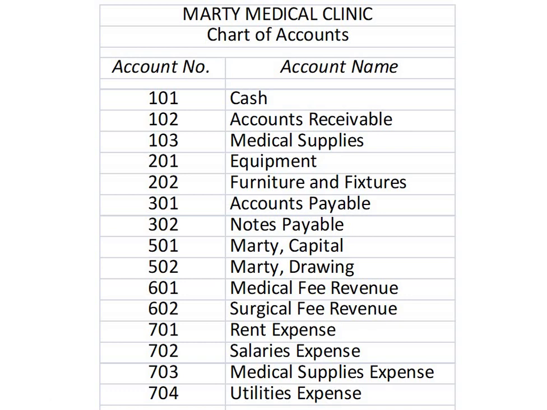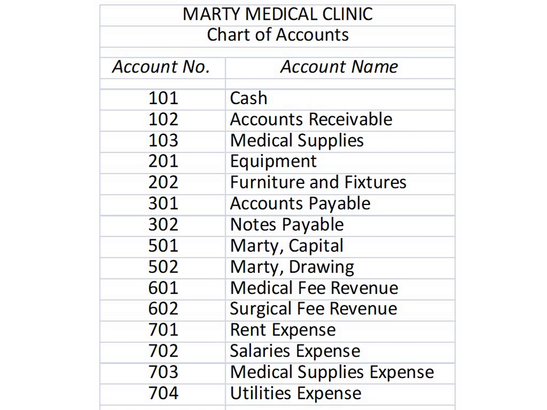Moreover, from the order of the accounts in the chart of accounts, one will be able to know the arrangement of those accounts in the general ledger. In other words, each account in this chart of accounts must have its own ledger in the book known as the General Ledger.